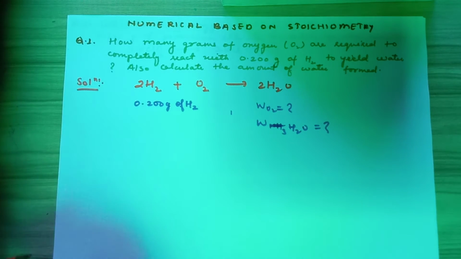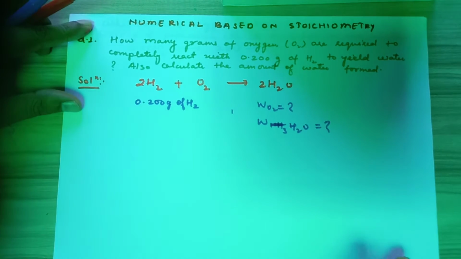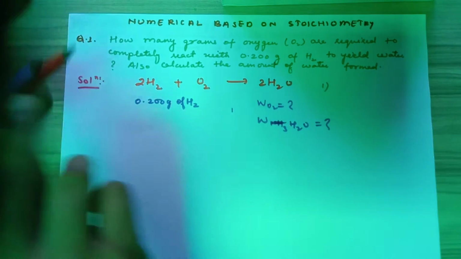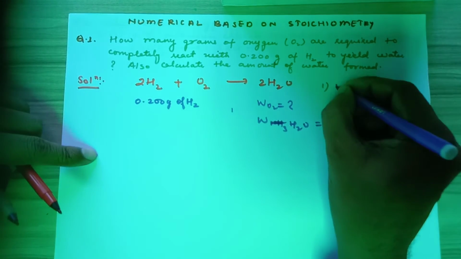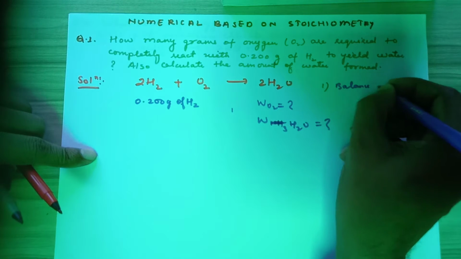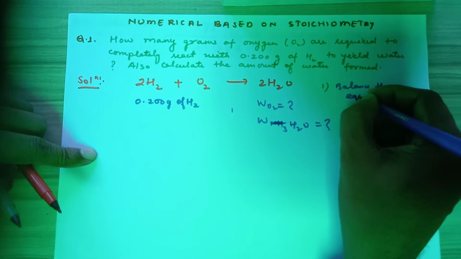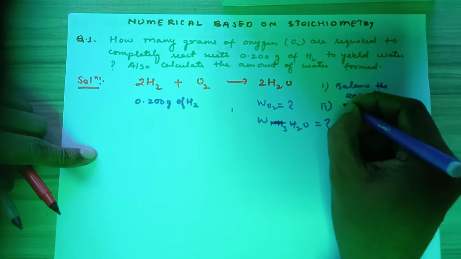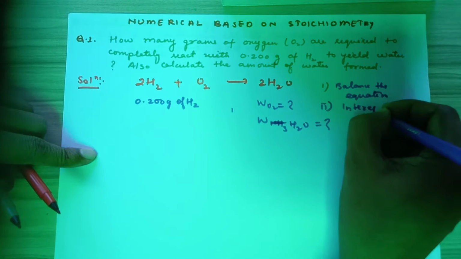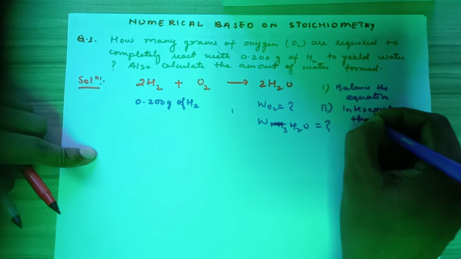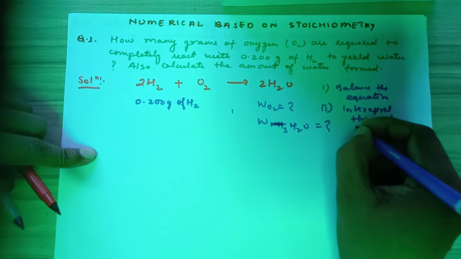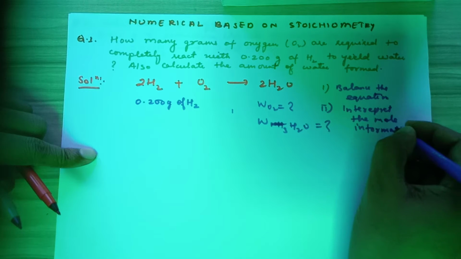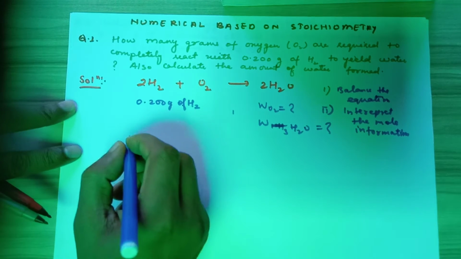So let's solve it. The basic rule is just to balance the equation first. Second, interpret the mole information, which we are going to do.